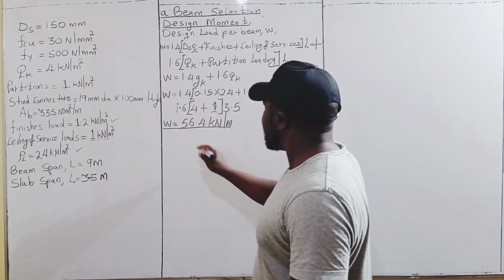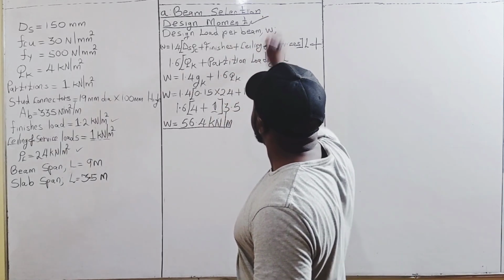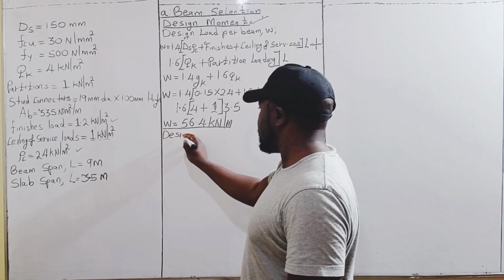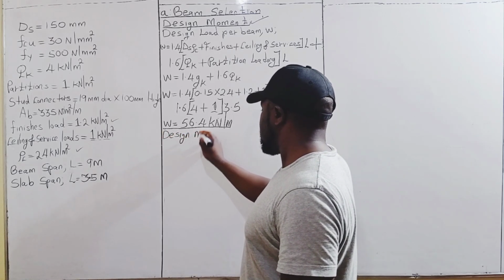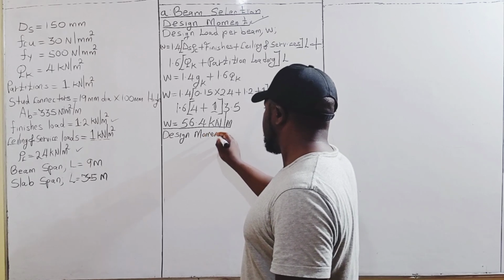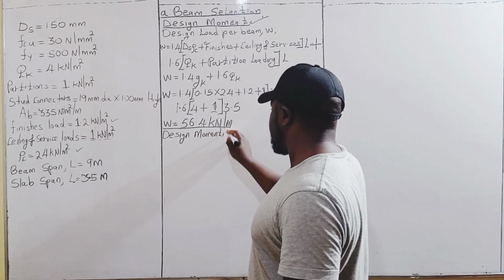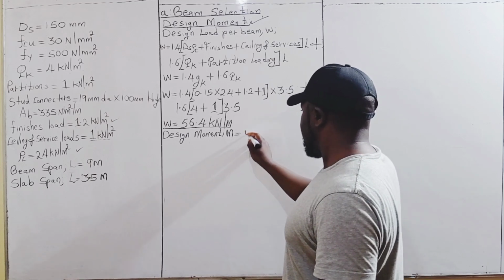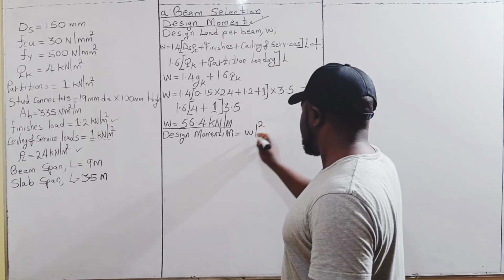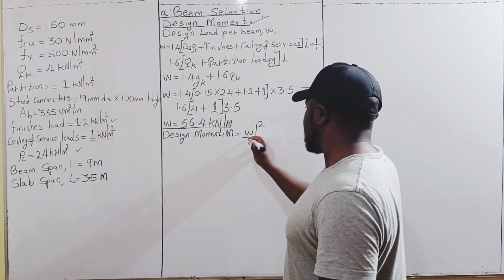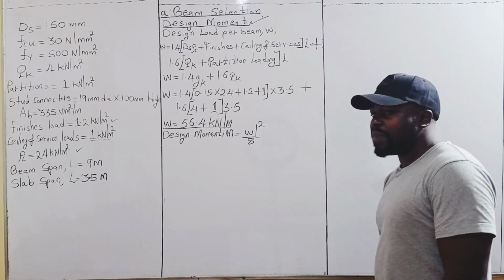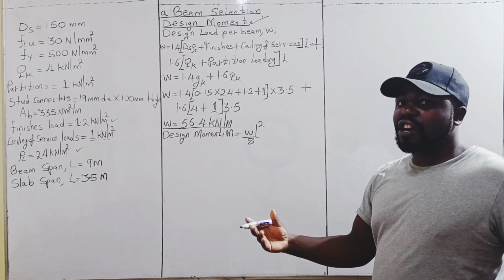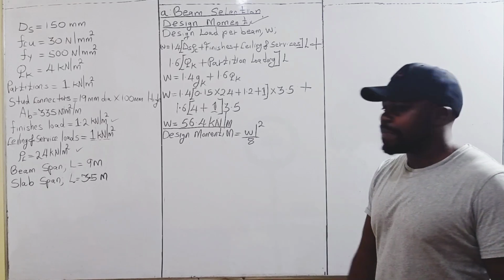Then from there, we are going to calculate the design moment. The design moment, M, will be given by WL squared divided by 8. We treat the beam as one carrying a uniformly distributed load over its entire span.